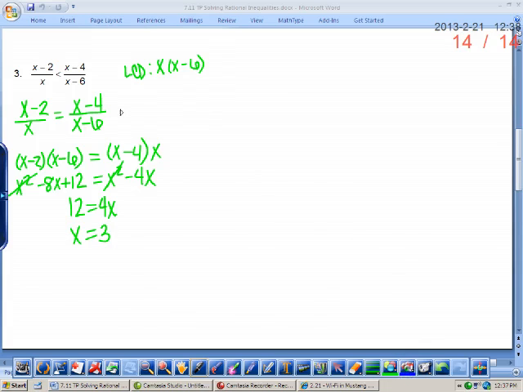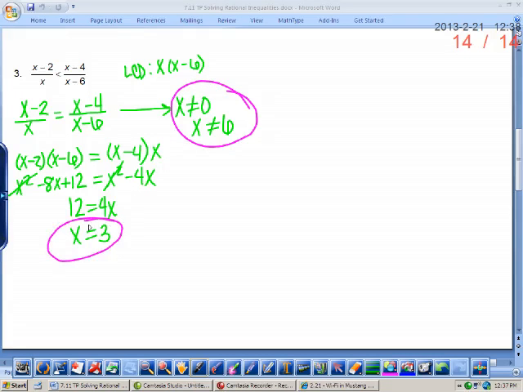All right, what are our undefined x values? X can equal 0, and x can equal 6. All right, we take those guys, and that's what goes on our number line. What kind of circle at 0? Open.